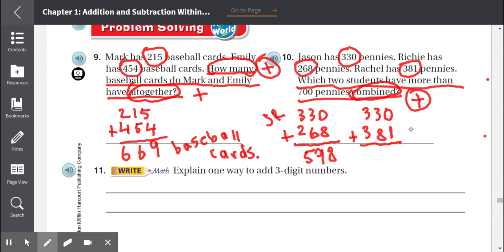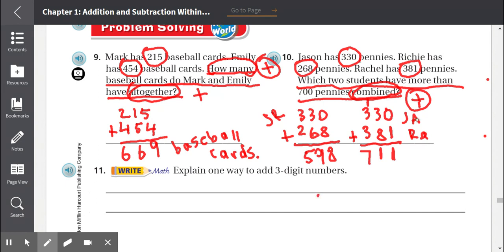So this is Rachel, RA for Rachel and JA for Jason. So once we add, we started with the ones place. 0 plus 1 is 1. Moving on to the tens place, 3 plus 8 is 11. We carry our 1 over to the hundreds. Now 1 plus 3 is 4. 4 plus 3 is 7.